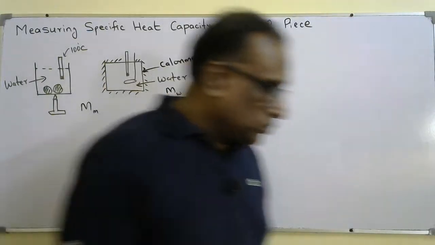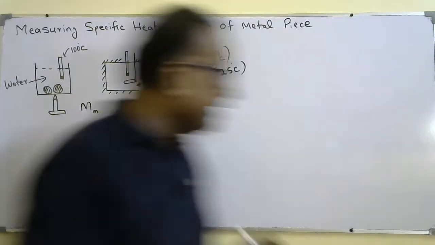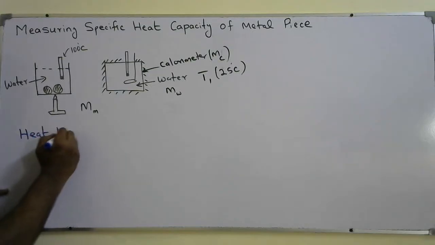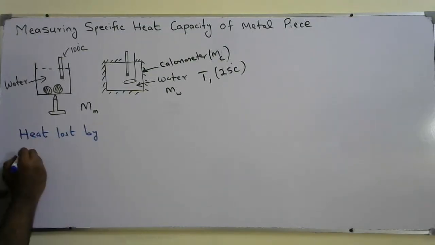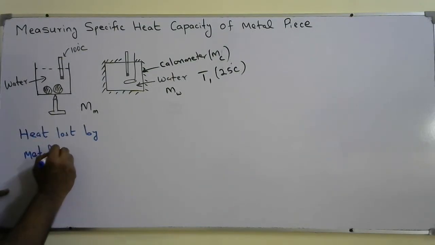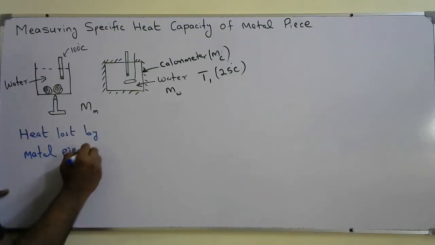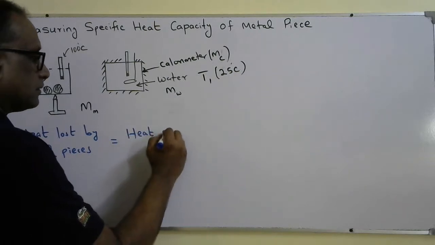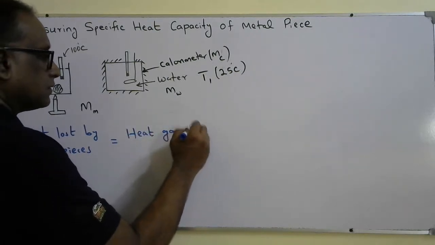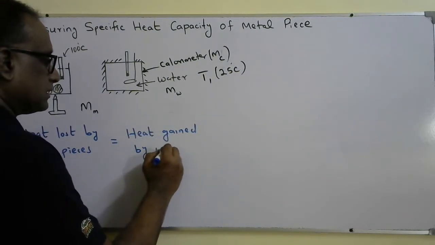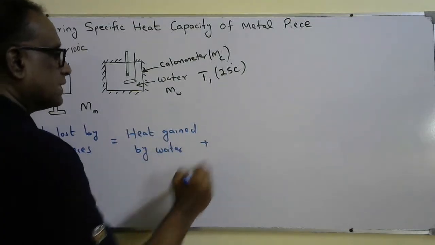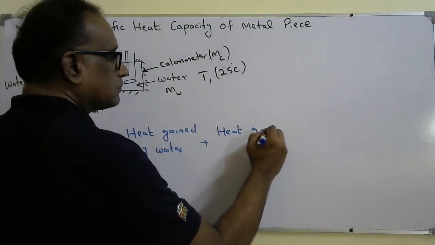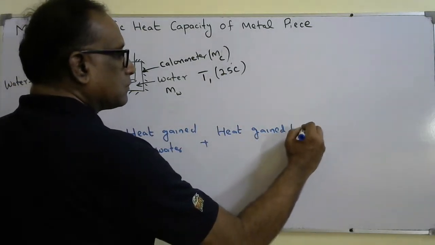So there I can write the equation: heat lost by metal piece is equal to heat gained by water plus heat gained by calorimeter.